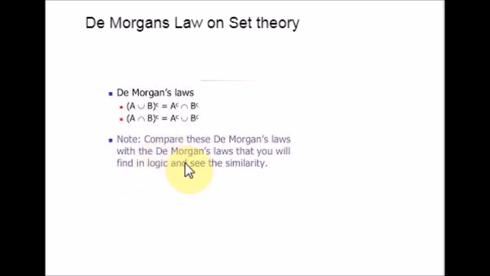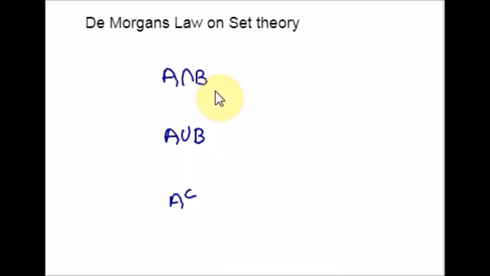So let me recall a few points about the operations like union, intersection and complement. Let us start with the intersection. The intersection of the sets A and B consists of all the elements that are common to both A and B. The intersection is denoted by this symbol, the inverted U-like shape. Next one is union.